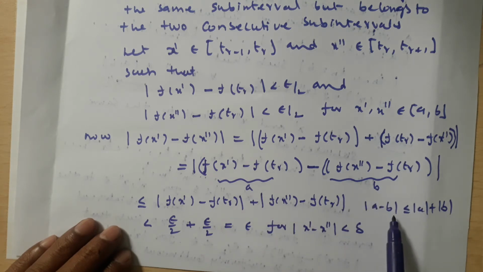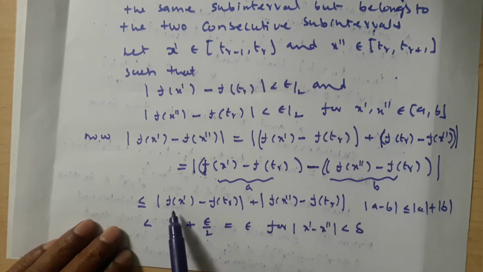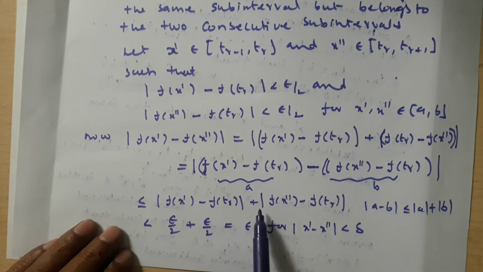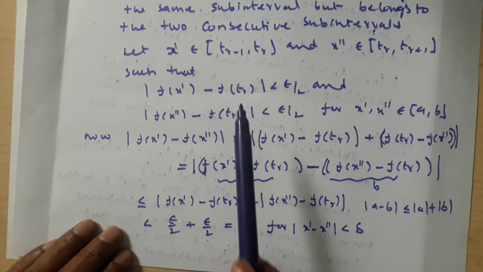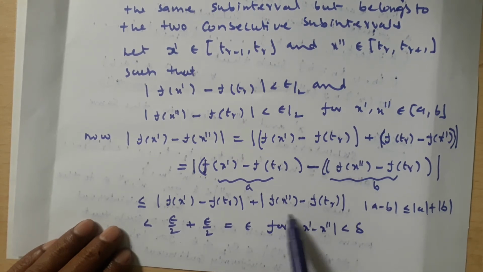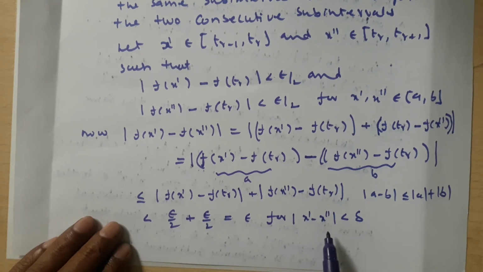Now |a - b| is less than or equal to |a| + |b|. So this total is less than or equal to |f(x') - f(t_r)| plus |f(x'') - f(t_r)|. This value is less than epsilon/2, as written there, and the second also is less than epsilon/2. So it is equal to epsilon, for |x' - x''| less than delta.